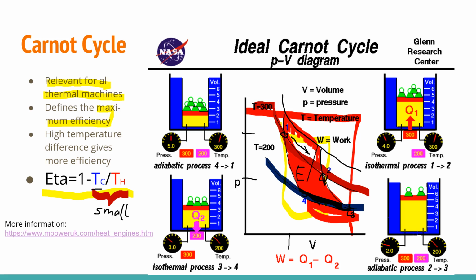The lower temperature is more or less defined by our environment. We have typically 20 degrees Celsius around here. So we can't use, for example, minus 100 degrees Celsius. Actually, don't calculate with the Celsius scale. You have to use the Kelvin scale.